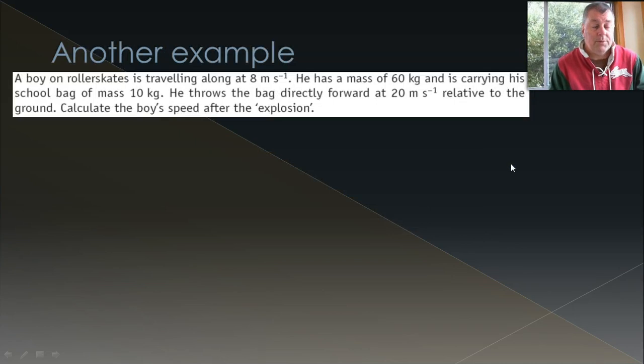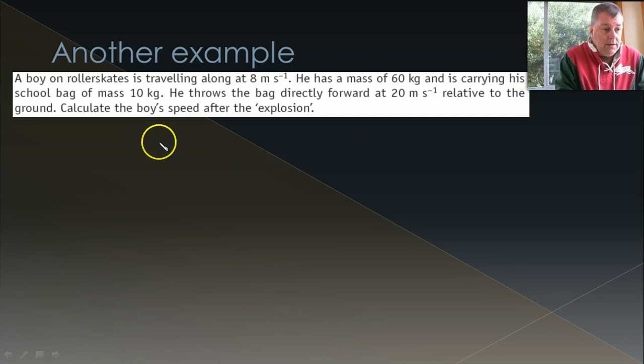Let's do another example. And here we have a boy on roller skates. Let's draw him. A boy on roller skates. There we are. He's a boy. He weighs 60 kilograms. He's carrying a school bag. So he's got a school bag there.